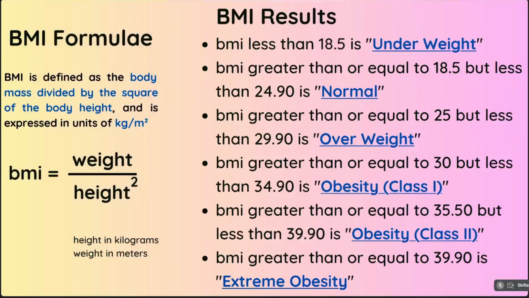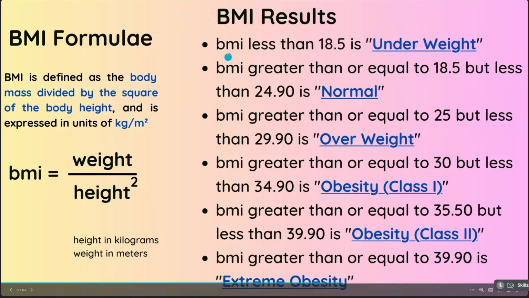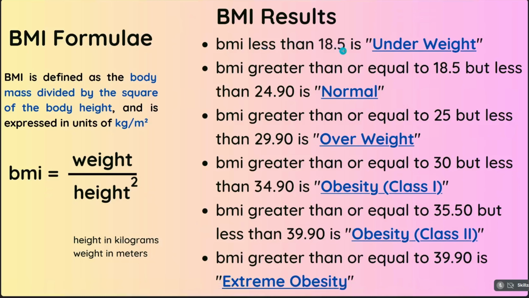Now, once you know the BMI index, there are certain results that you need to show. If the BMI index is less than 18.5, depending on the height and weight you provide in centimeters and kilograms, it is considered underweight. If the BMI index is greater than or equal to 18.5 but less than 24.90, it is considered normal.